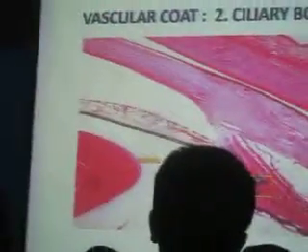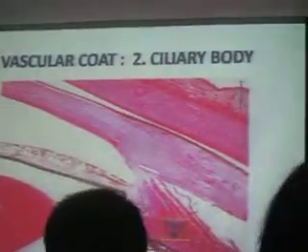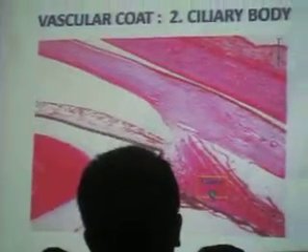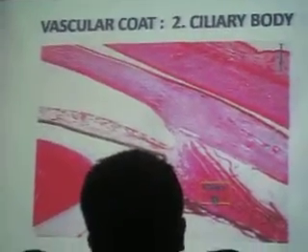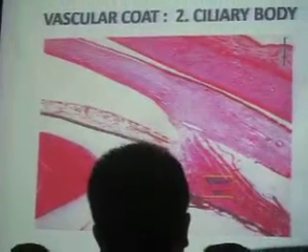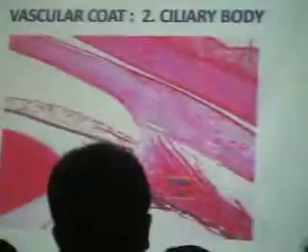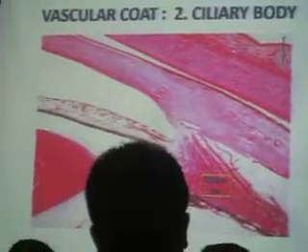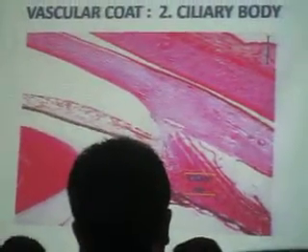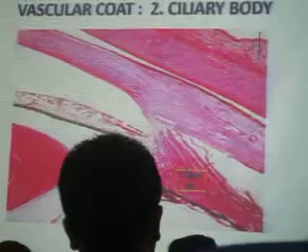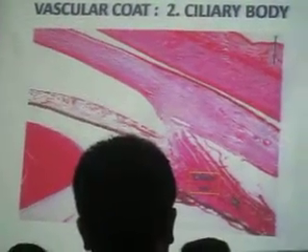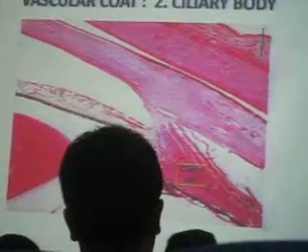Okay. So with the contraction of ciliary muscles, what happens to the zonular fibers? With the contraction, okay, will that relax or contract the fibers? It's always a reverse. You contract this, you relax the fibers. When you relax this, what will happen?